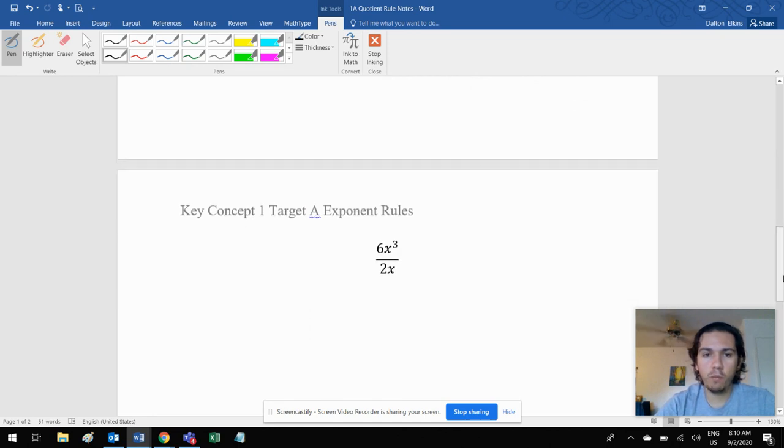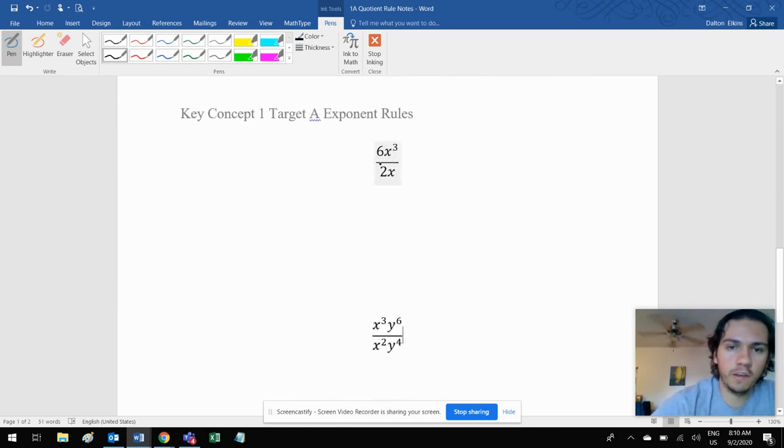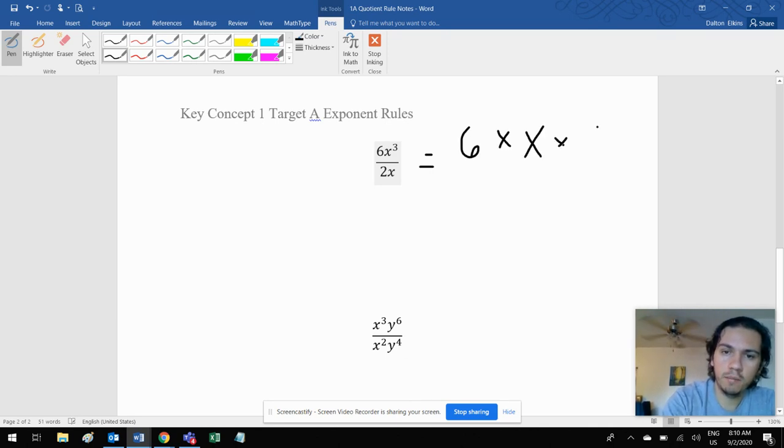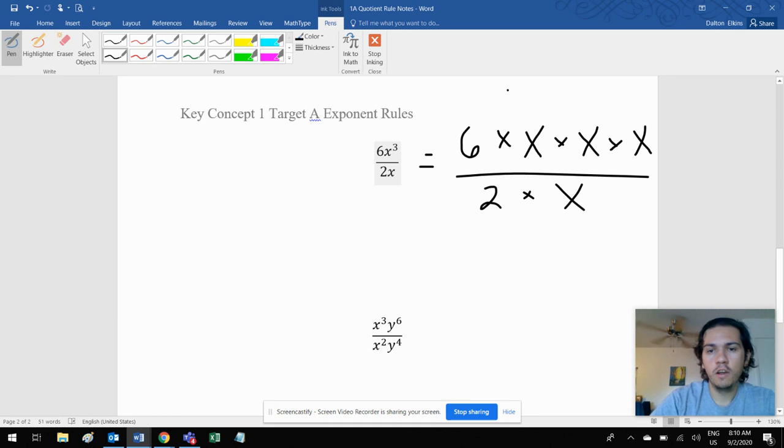But what happens when I put a coefficient in front of this here? So if I want to write this out again, this is 6, times x times x times x over 2 times x, right? So here I have 6 over 2.